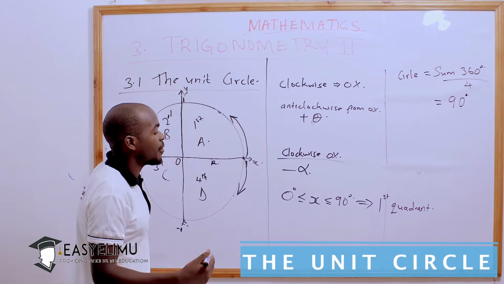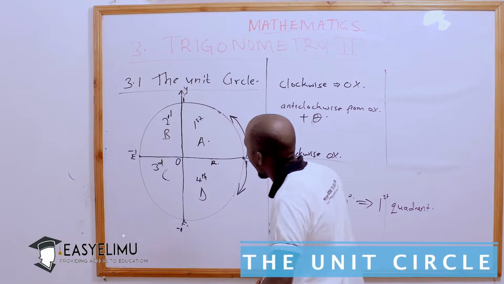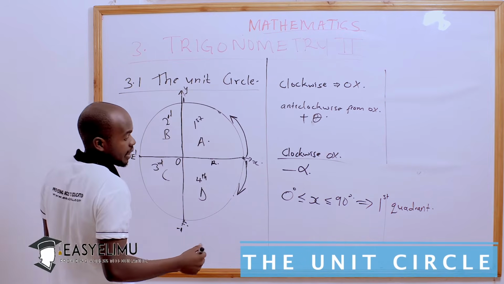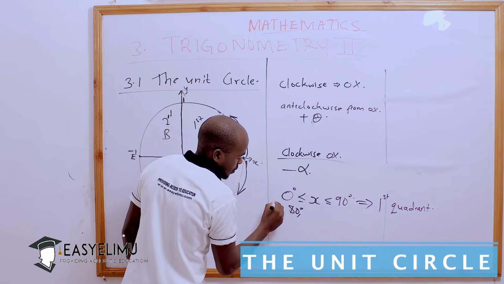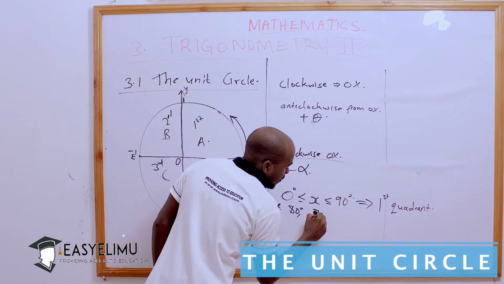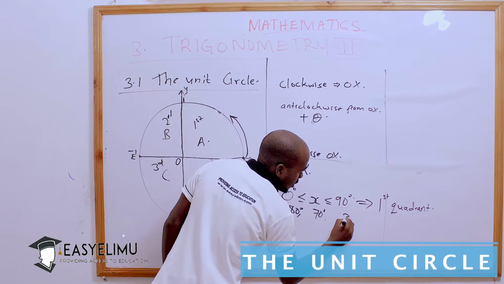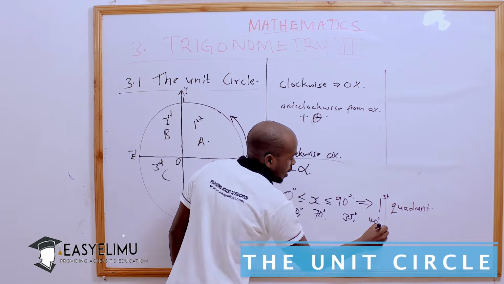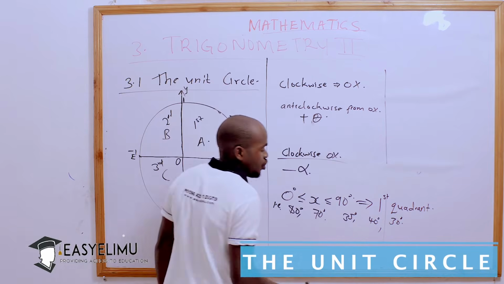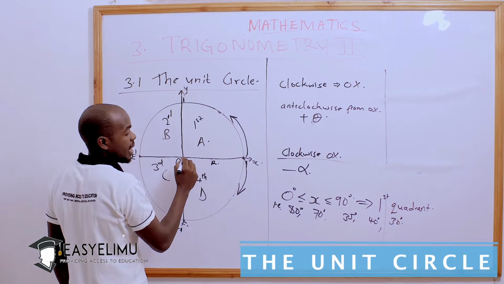In case I have, for example, an angle like 80 degrees, 70, 35, 40, or even 30 degrees, you will find all of these angles lie in the first quadrant.